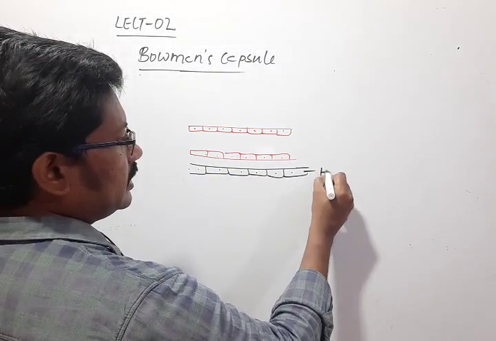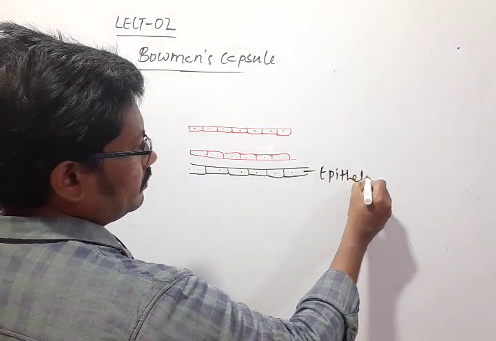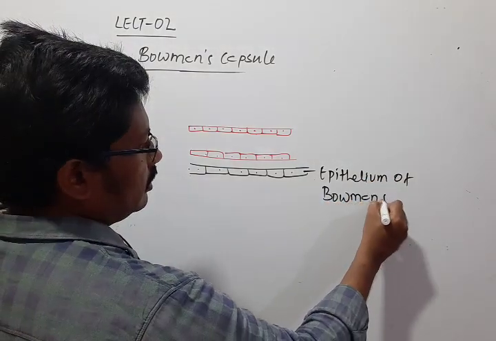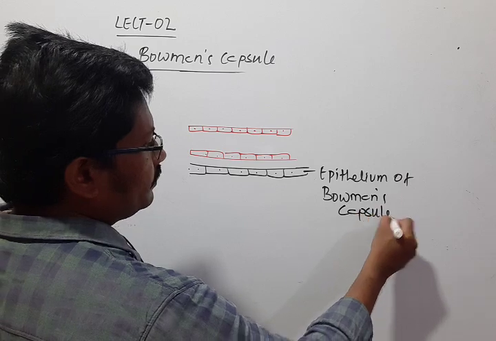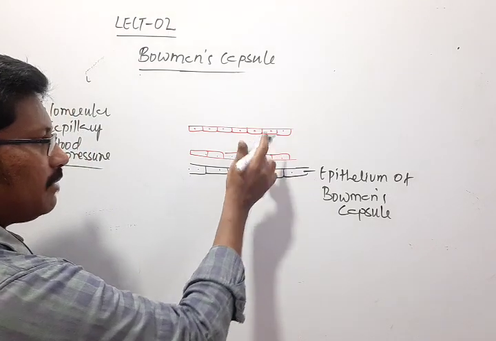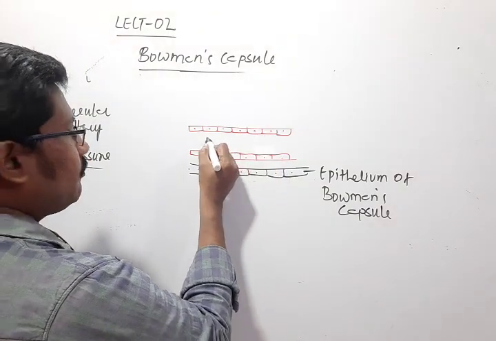This is the lumen of the capillary where the blood flows.